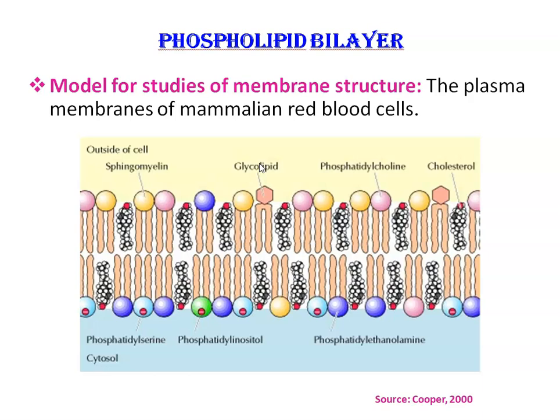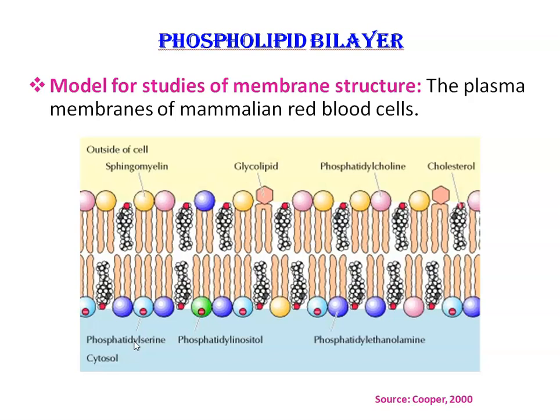The outer leaflet of the plasma membrane, this is outside of the cell and this is inside, that is cytosol. So this outer leaflet, this part of plasma membrane consists mainly of phosphatidylcholine and sphingomyelin, whereas phosphatidylethanolamine, this part, and second is phosphatidylserine, this part, are the predominant phospholipids of the inner leaflet.